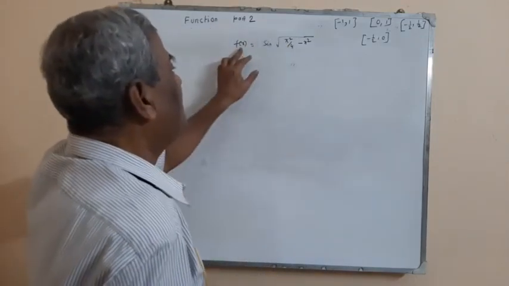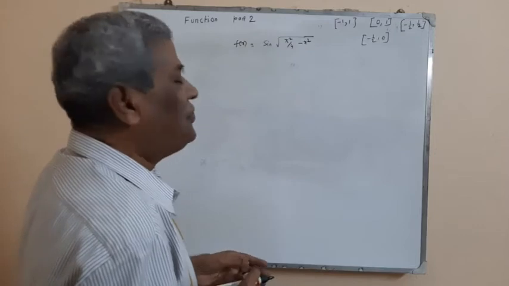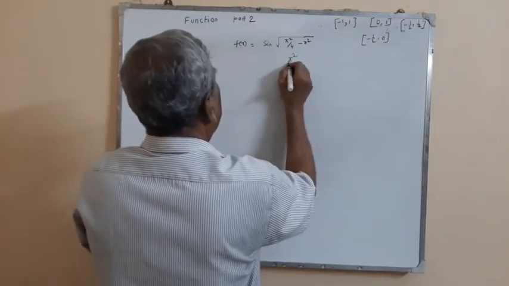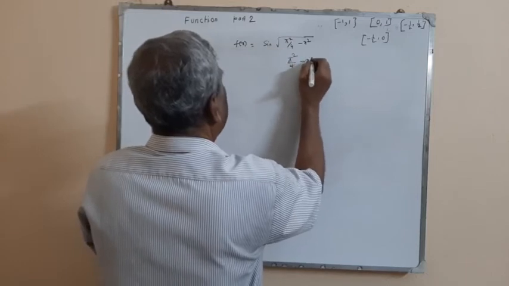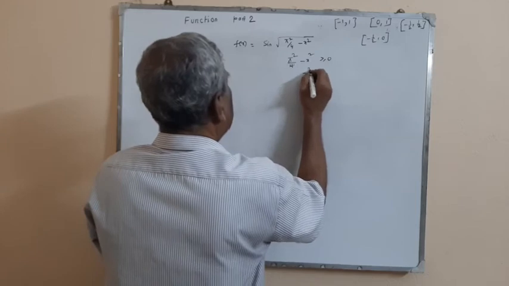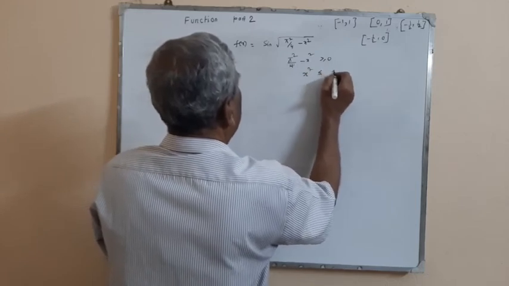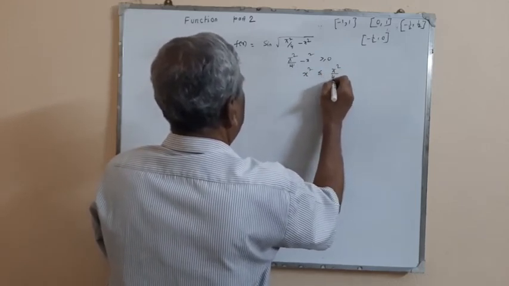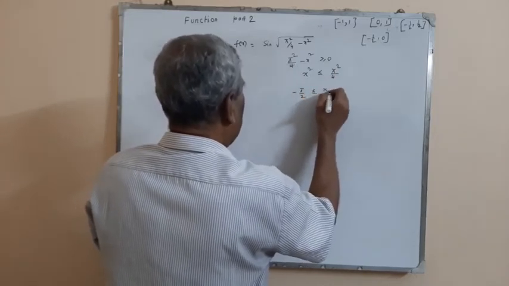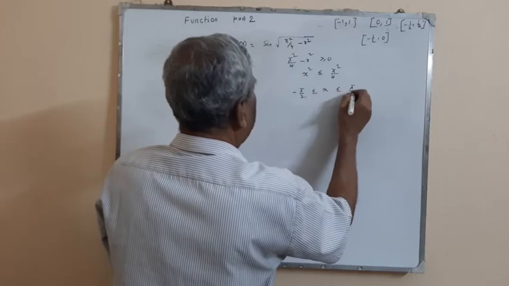So the function is this. It is defined only if pi square by 4 minus x square is greater than or equal to 0. That is, x square is less than or equal to pi square by 4. So that minus pi by 2 is less than or equal to x less than or equal to pi by 2.